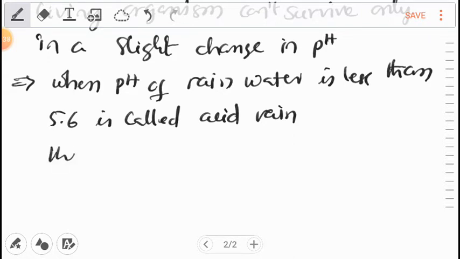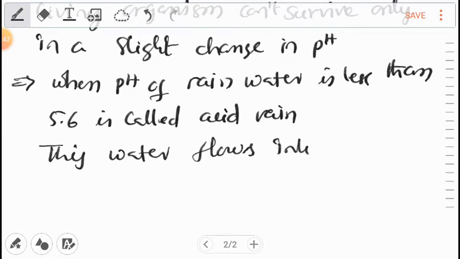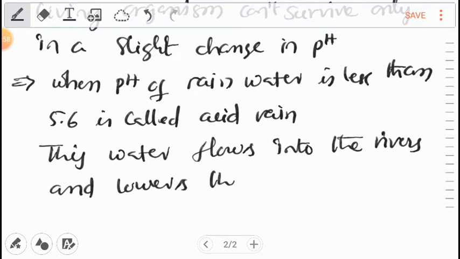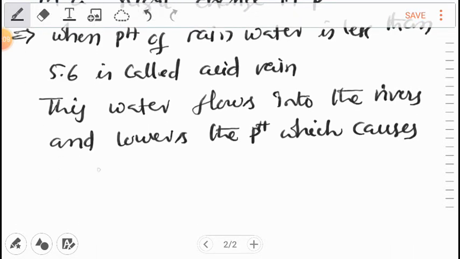This water flows into the rivers and lowers the pH, which makes it difficult for aquatic animals to survive.